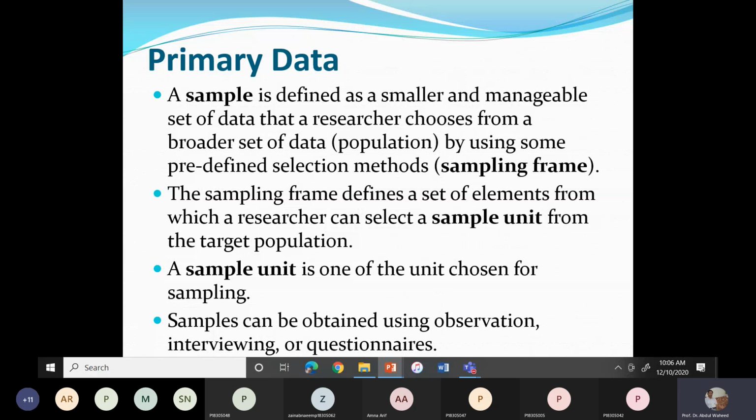Suppose we have produced 1,000 items, we can just select 50 items, and because we have to destroy each item to know whether it's defective or non-defective, we can just destroy 50 items, and then you will know how many items were defective, how many were non-defective, and then you can know the percentage of defective items within those 50 items, and then you can generalize it for the rest of the items.